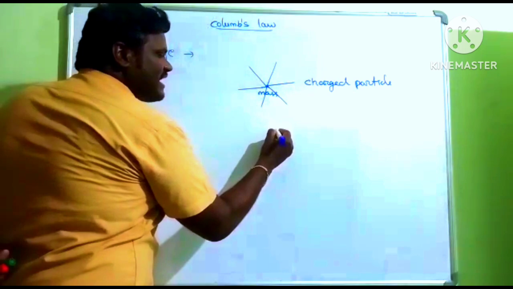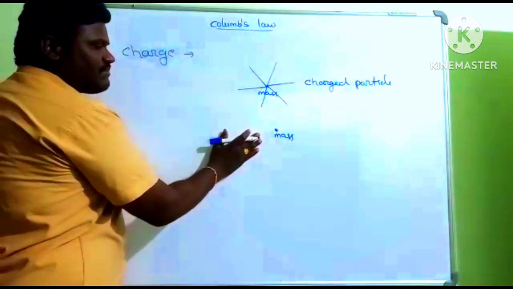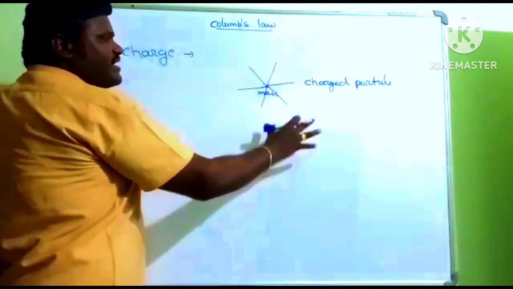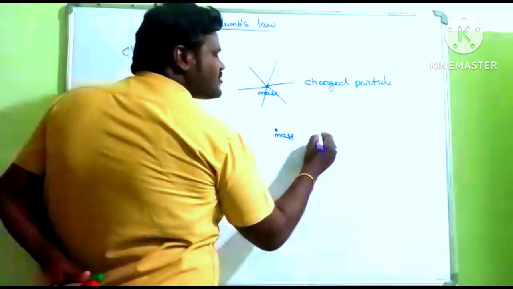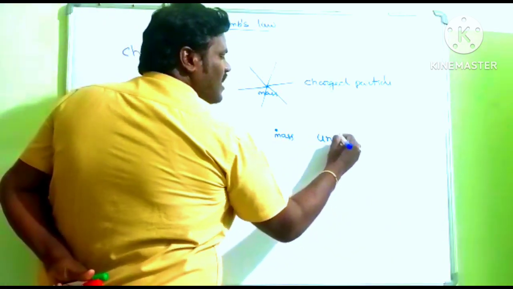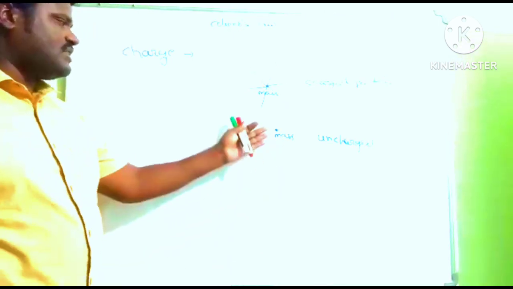If the particle has only mass, and does not have any kind of charge, any kind of electrical forces of lines, then it is an uncharged particle. It is called an uncharged particle because it has no electrical forces of lines.